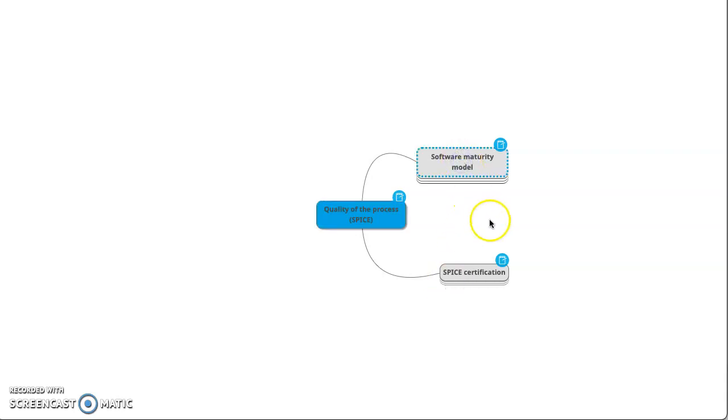First of all, I will start by talking about how we define a process. A process is kind of a box where you introduce some inputs. The box has some activities and produces some outputs.